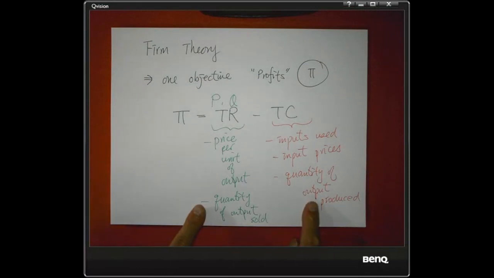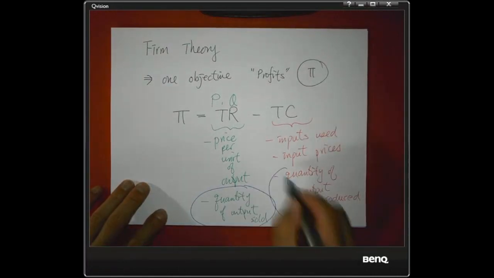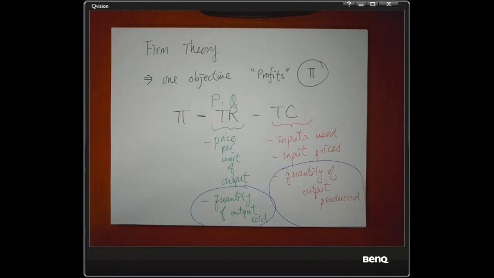So if you look at these two items, total revenue and total cost, the quantity of output sold and the quantity of output produced are in both terms in the profit equation.